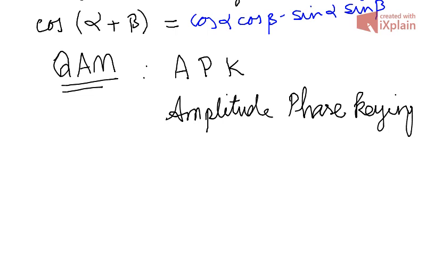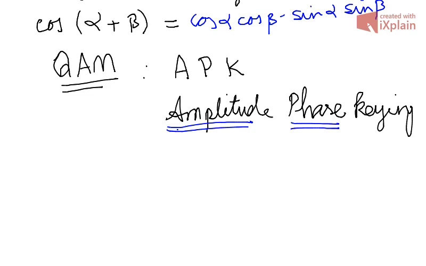Why do we call it amplitude phase key? The reason is the variation of amplitude as well as phase in this signal, the amplitude and phase variation for each signal.